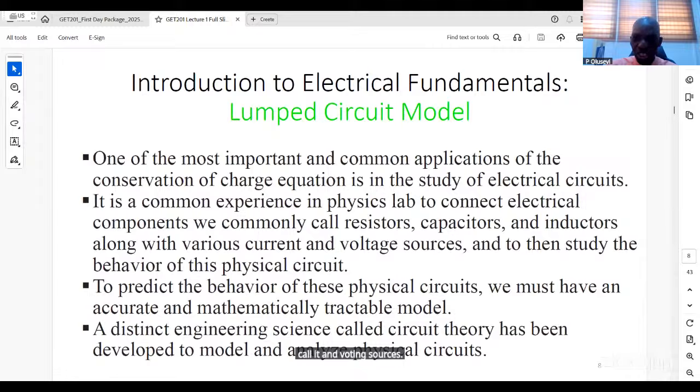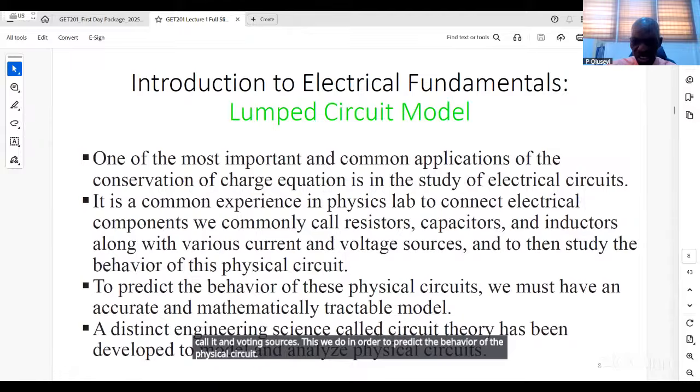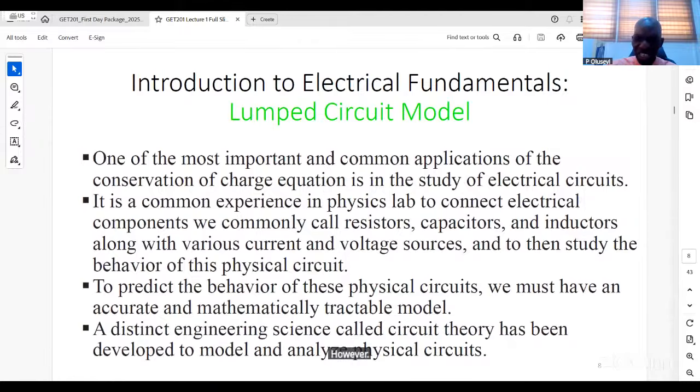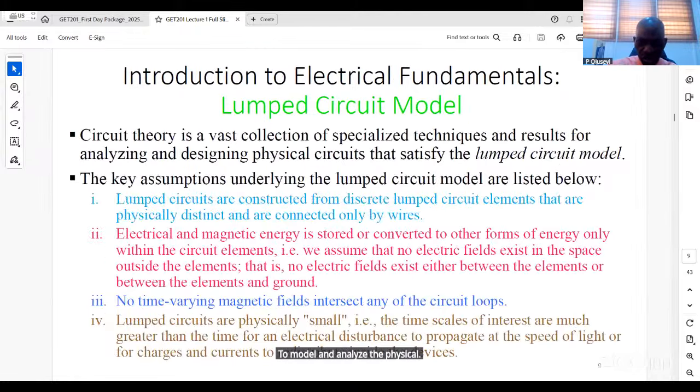This we do in order to predict the behavior of the physical circuit. However, a distinct engineering science called circuit theory has been developed to model and analyze the physical system. So when we are looking at the lumped circuit model, we have information like this.